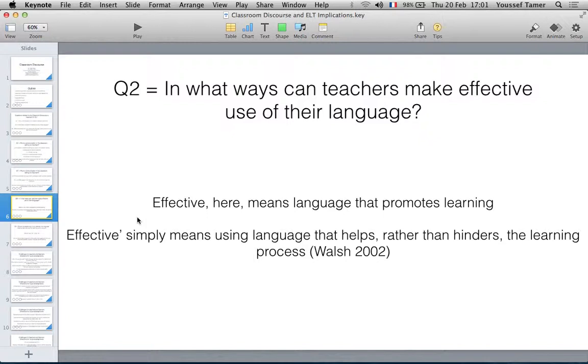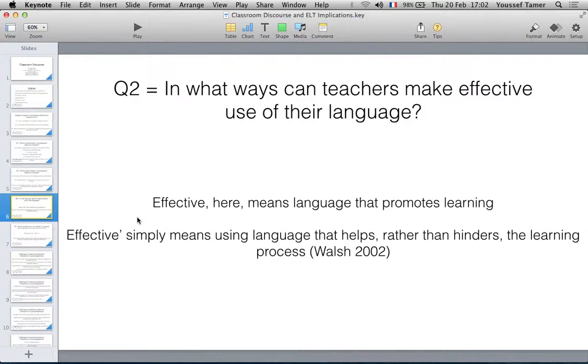Now, concerning question number 2, this is the main idea. I told you that one of the main characteristics of classroom discourse is that the teacher is a controller and manages the interaction. That's why there is this pattern called initiation, response, feedback, and usually the students are very minor contributors, in the sense that their utterances are very short and guided by the teacher.